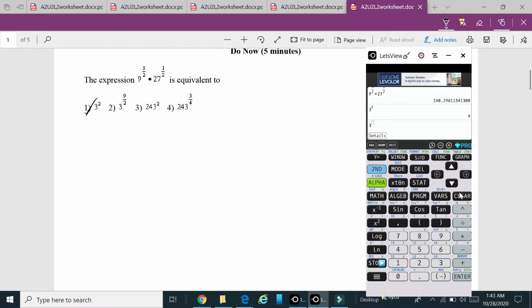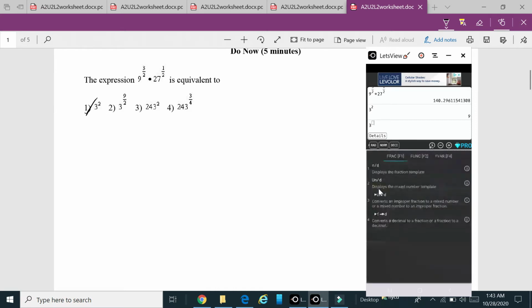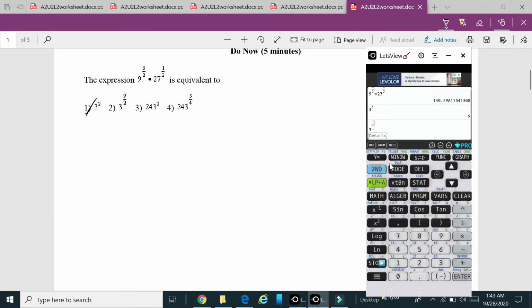And then you hit alpha, which is over here, and then y equals. Make sure you punch in the n over d, and then it's 9 over 2. 9, and then hit the arrow. Is it 2? Then I hit enter.